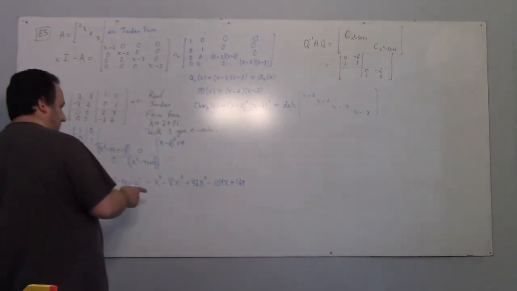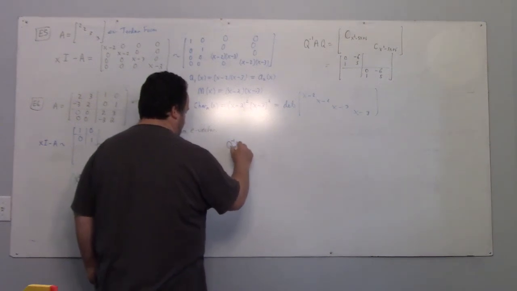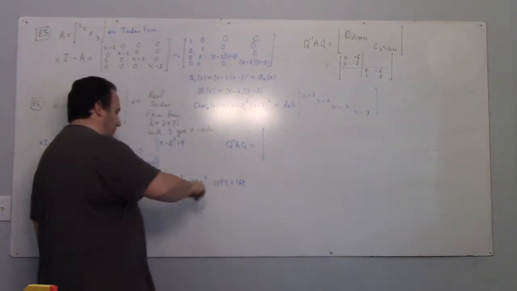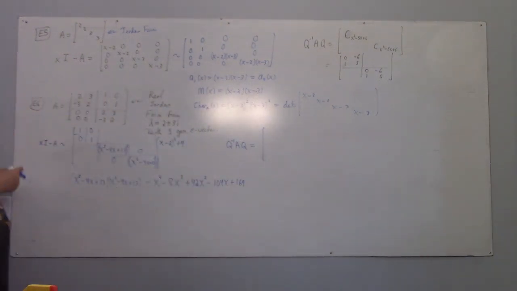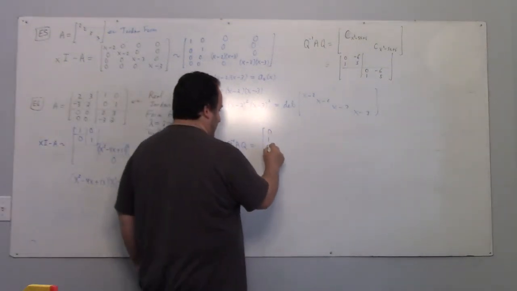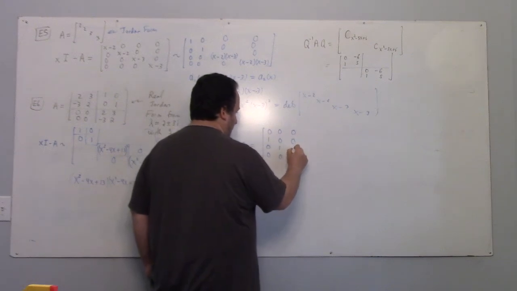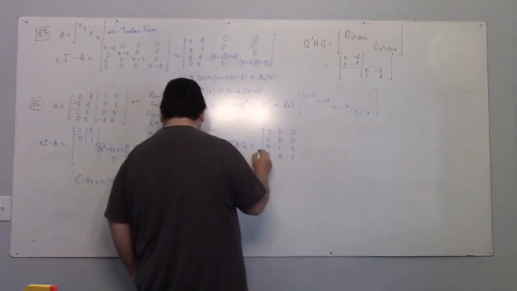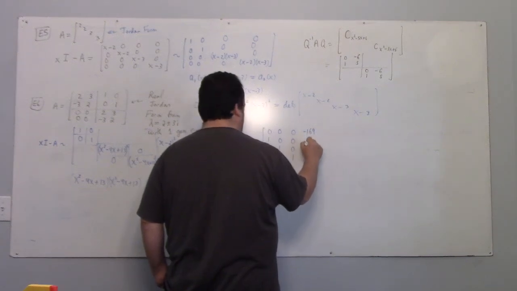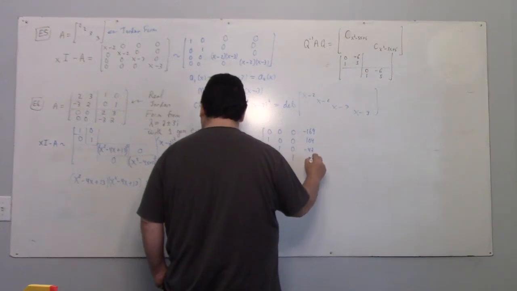So this gives you the rational canonical form of this matrix. It's got a single block, so it looks like this. We've got minus 169, 4, minus 42, 8.